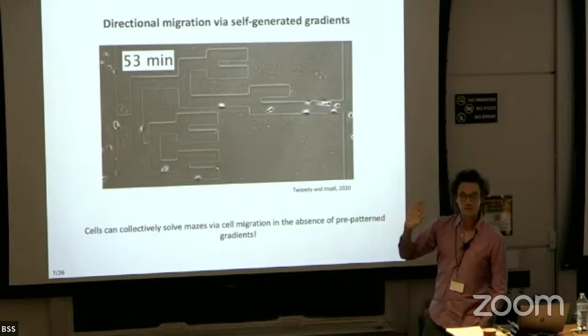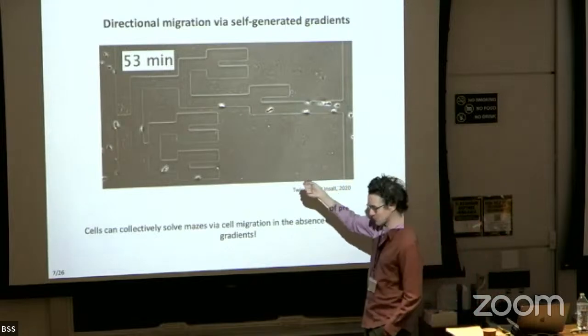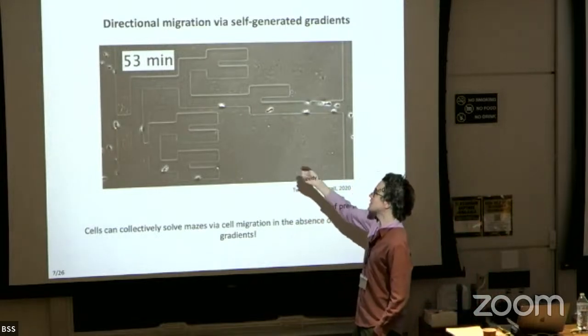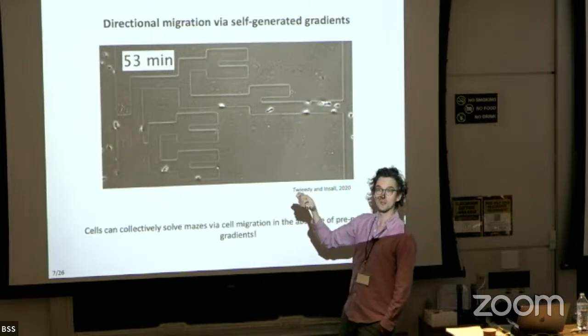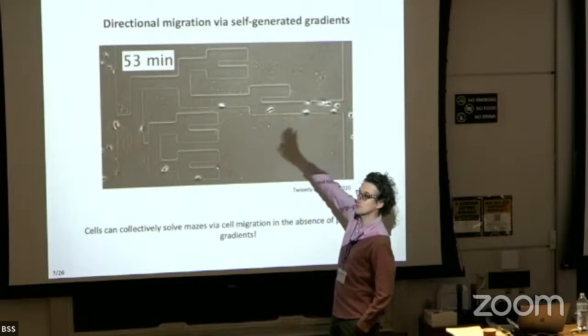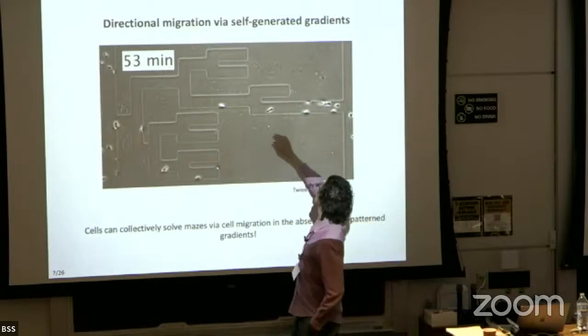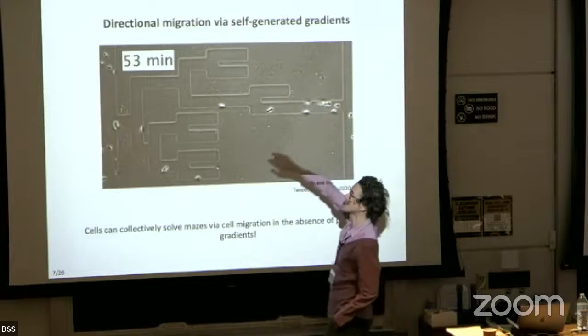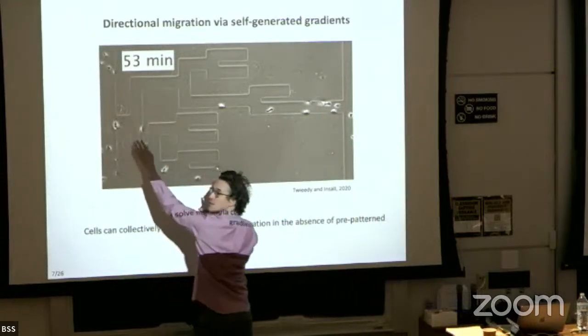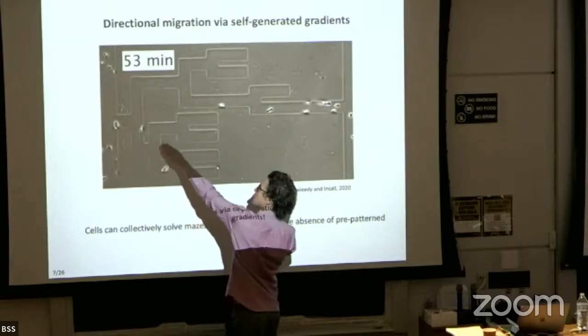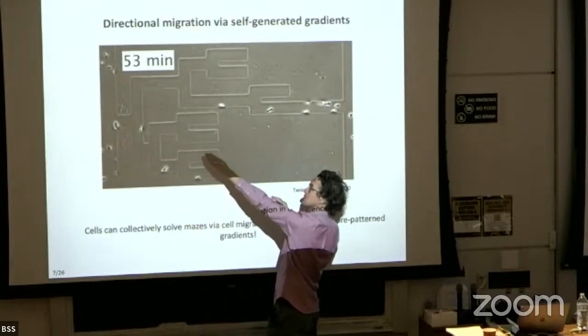And we'll go through a little bit of the type of derivation. The key idea from this paper is essentially that the cells reshape their gradients. Even though the gradient of diffusible molecule is uniform initially, because cells here start eating up the gradient, then through diffusion you're going to reshape a gradient.